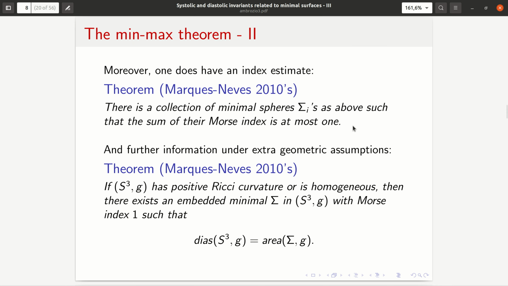This sigma here should be a two-dimensional sphere like in the previous statements. So positive Ricci curvature or homogeneity are situations where the diastole is realized as the area of a single embedded minimal two-sphere with Morse index equal to 1.